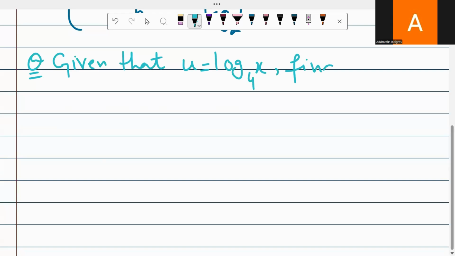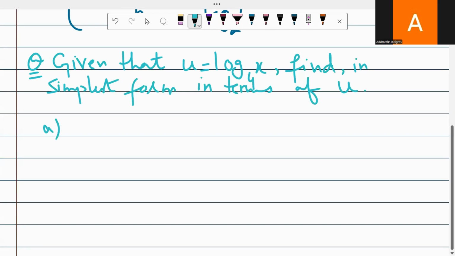Find in its simplest form, in terms of u, log base x of 4.